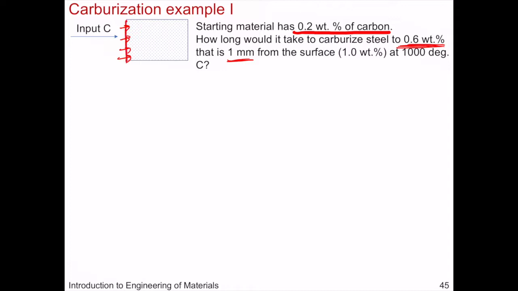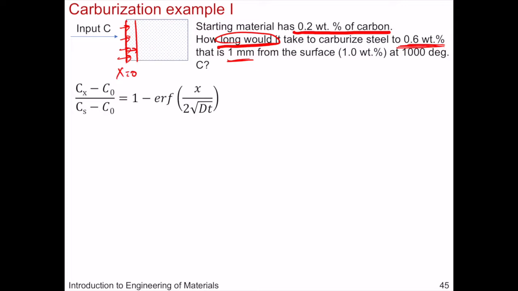So the surface here, x starts at 0, and then you go a millimeter, let's say here, into the material. And so we can use the solution to the differential equation that involves the error function to calculate the time that it would take to carburize the steel to the desired weight%.